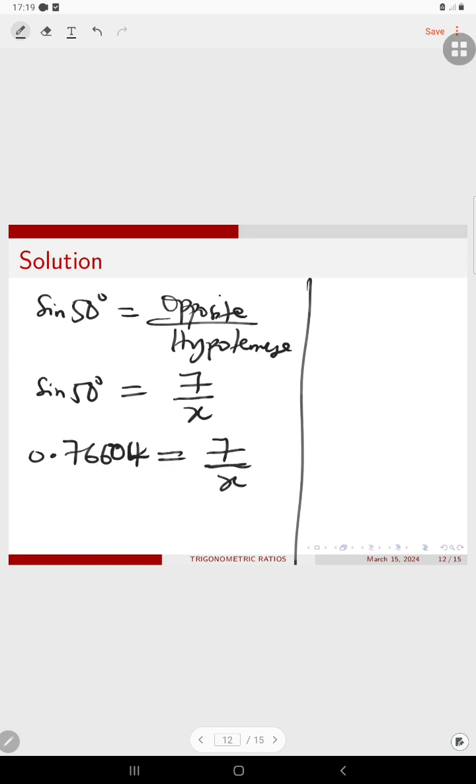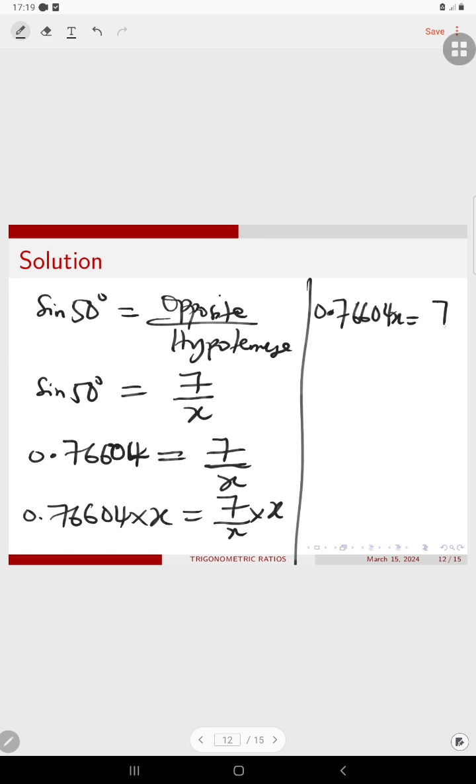So we get this. Now we want to find the value of x. So what do we do? We multiply both sides by x. So 0.76604 times x equals 7 over x times x. The x will cancel out, and we get 0.76604x is equal to what? 7.